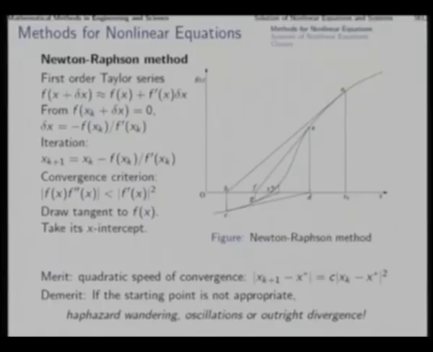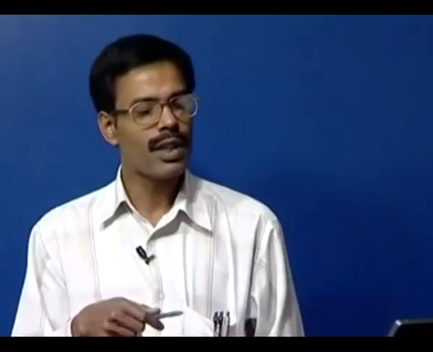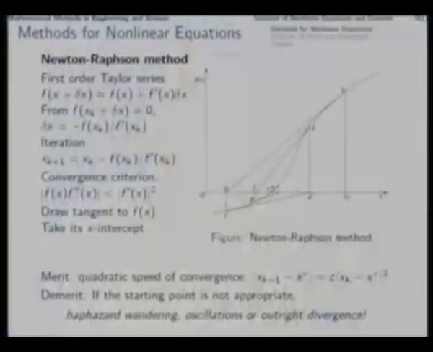The demerit is that if the starting point is not appropriate, then there is no guarantee that the process will converge. So, sometimes Newton's method is found to wander haphazardly and go away from the solution. It might diverge, or sometimes it might oscillate from this side to that side, and sometimes the Newton-Raphson method is found to oscillate around the solution rather than converging.